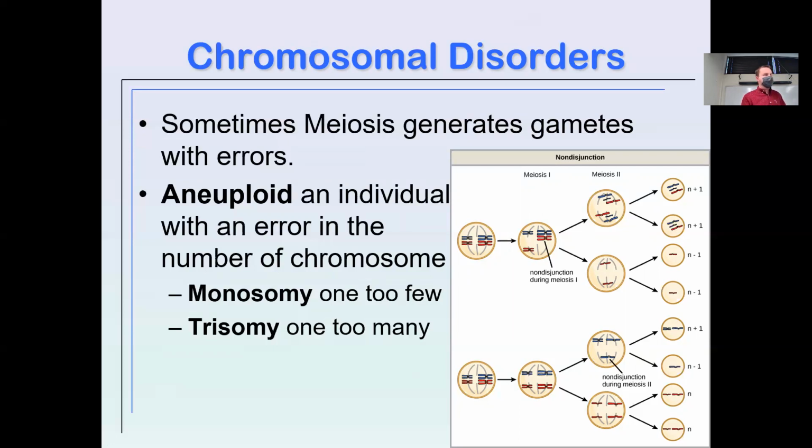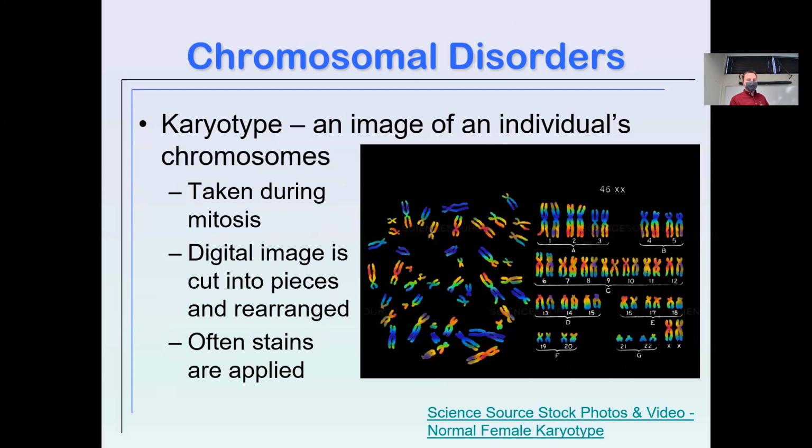It just simply doesn't work. With some of the smaller ones, though, it's survivable, but most likely the individual is going to have some type of disorder as a result.